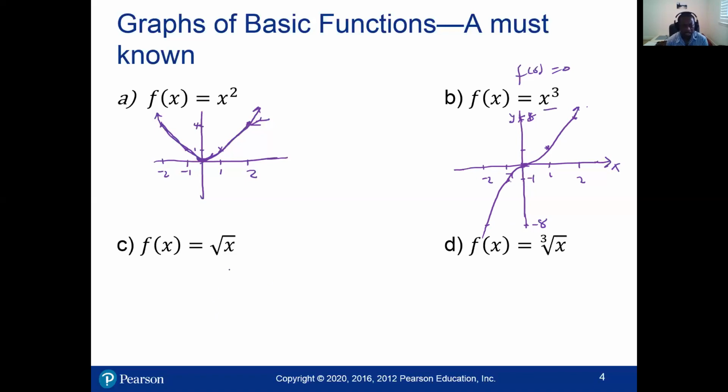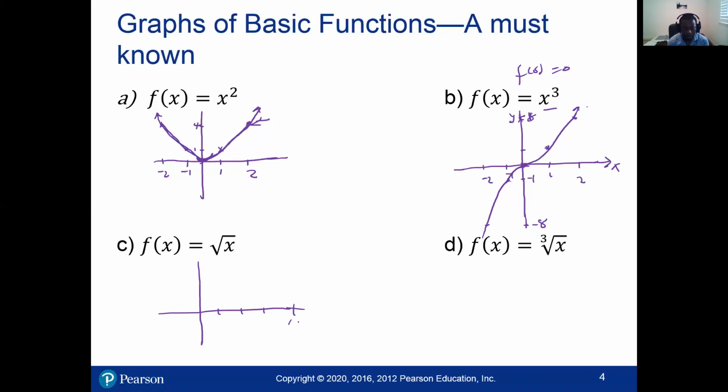Now C, that's the square root of x. Now square root of x, here we consider only the positive, not the plus and minus. So I'm going to pick basic values so that you don't have decimals.